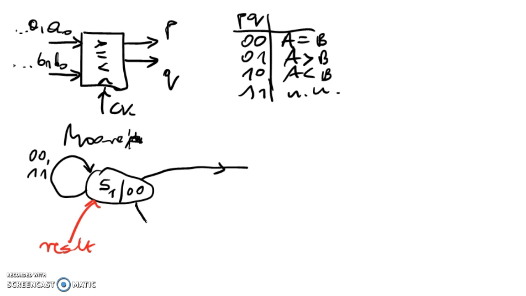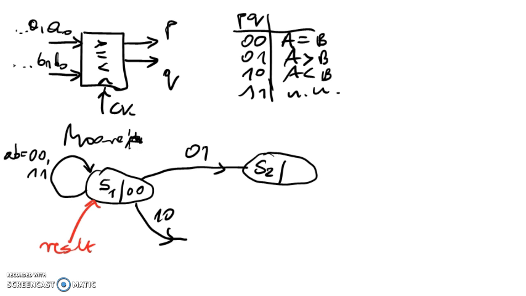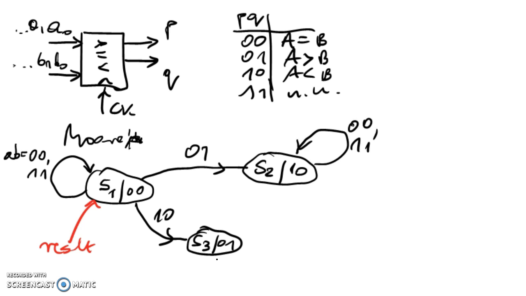But if you've got the differences, 0, 1 or 1, 0, of course, A is first, B is the second, you must switch to another state, showing on the output that in this case B is higher because it is 1 on B, 1, 0. And in this case B is lower, 0, 1. Okay. And again, if the next bits are the same, 0, 0, 1, 1, you stay in the same states, 0, 0, 1, 1.